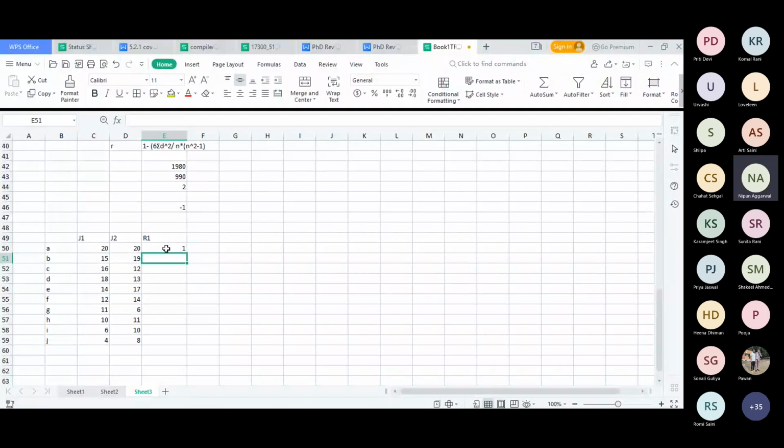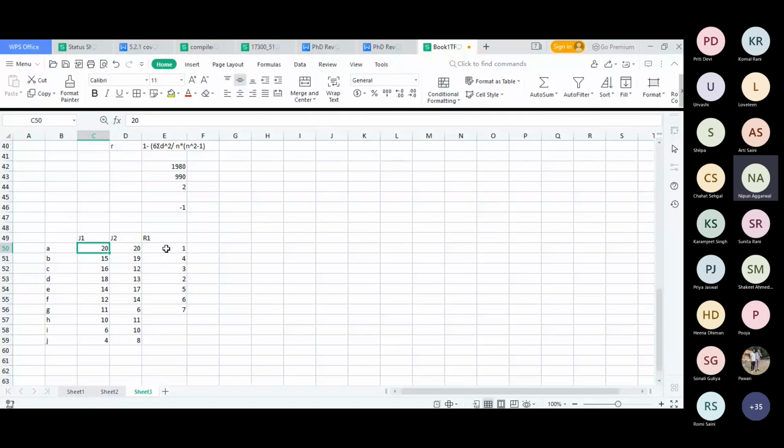So 20 is the one. Then we have 18, that is 2. Then after 18, we have 16. So this is your 3. This is 4. After 15, this is 14. This is 5. Then one second, we have to revise the ranking. 20 is the highest, that is 1.